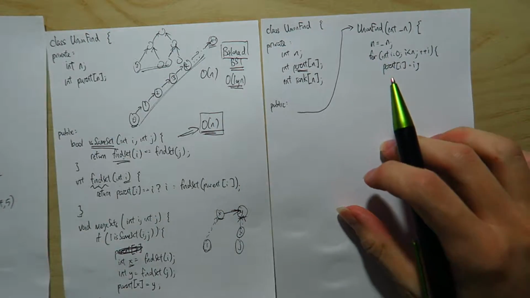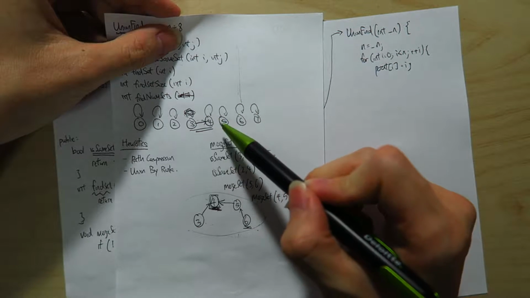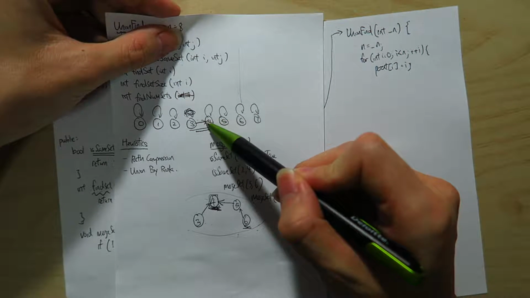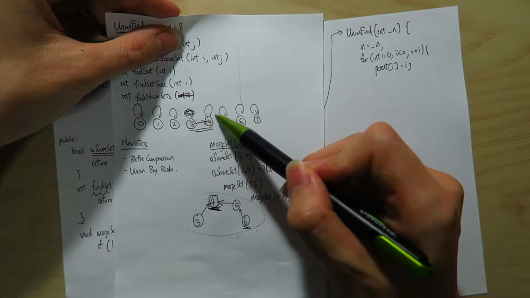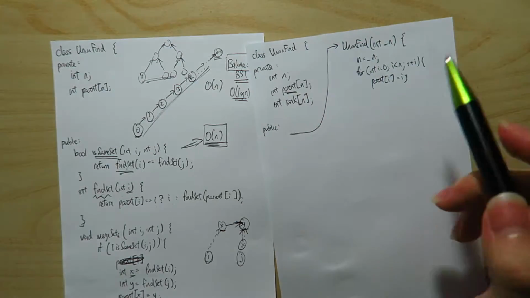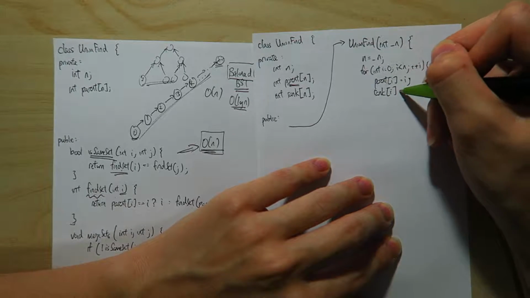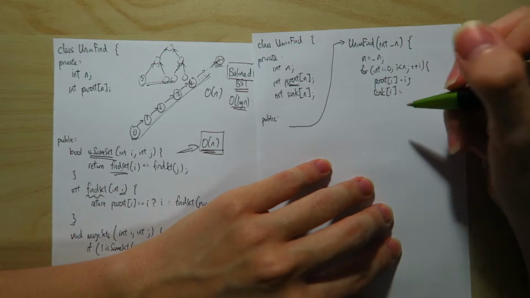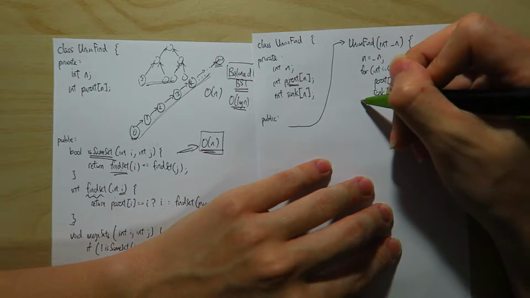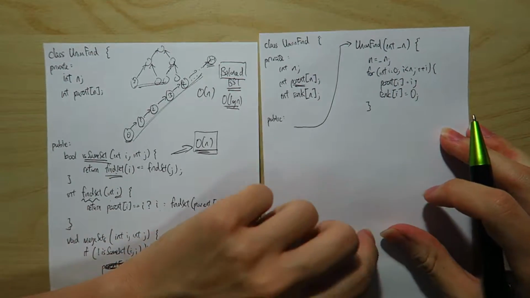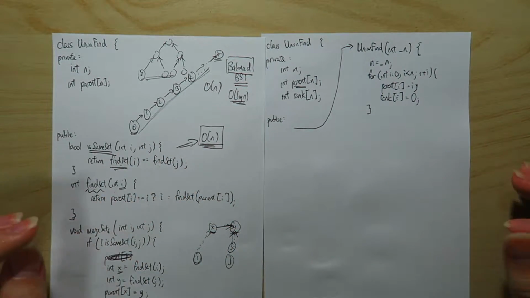Remember that initially, all the elements have parent pointers pointing to themselves, right? So this is what this is doing. And initially, rank, which we can currently think of as height, is just going to be 0. So initially, all the nodes have a height of 0.